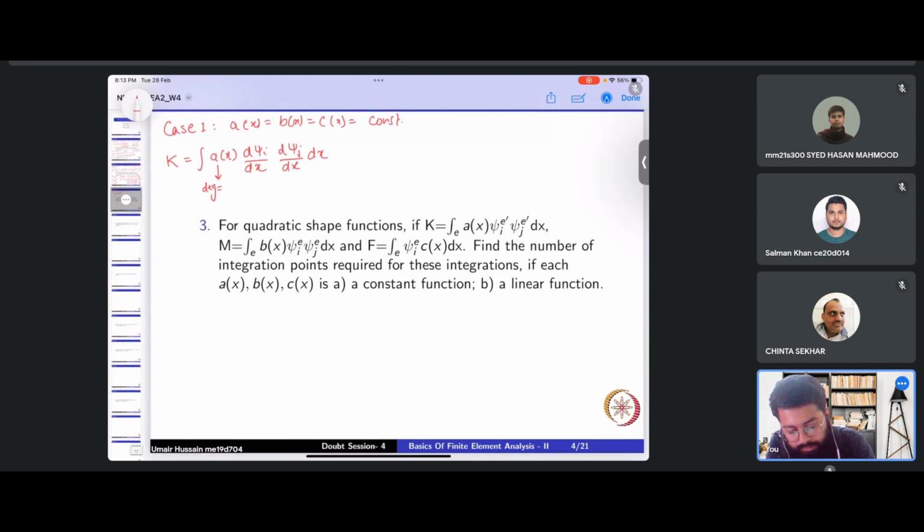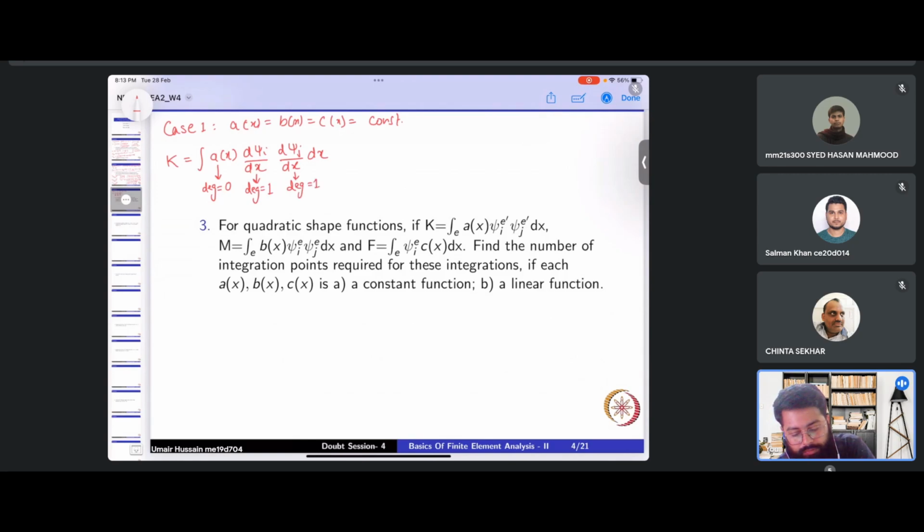The degree of this constant is 0. What will be the degree of d psi i by dx? Psi is quadratic and its derivative would be linear, so the degree is 1, and this also has degree 1.